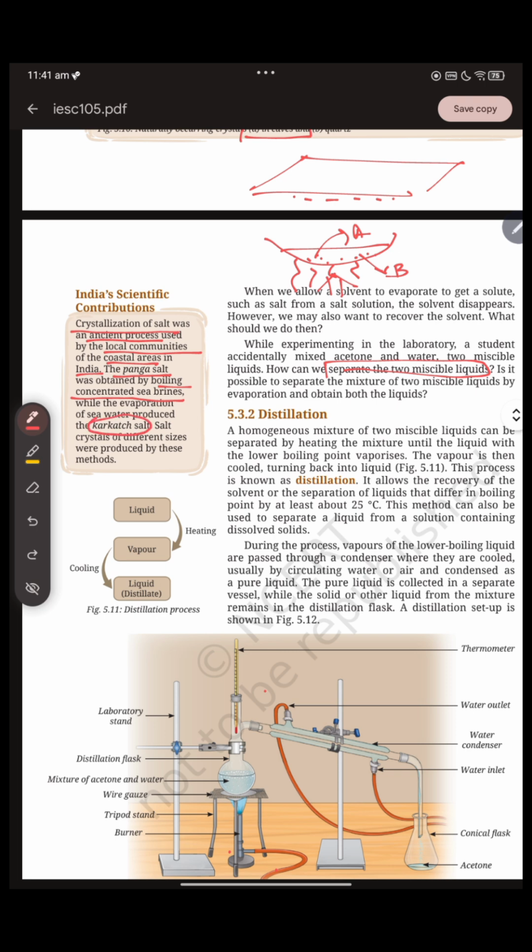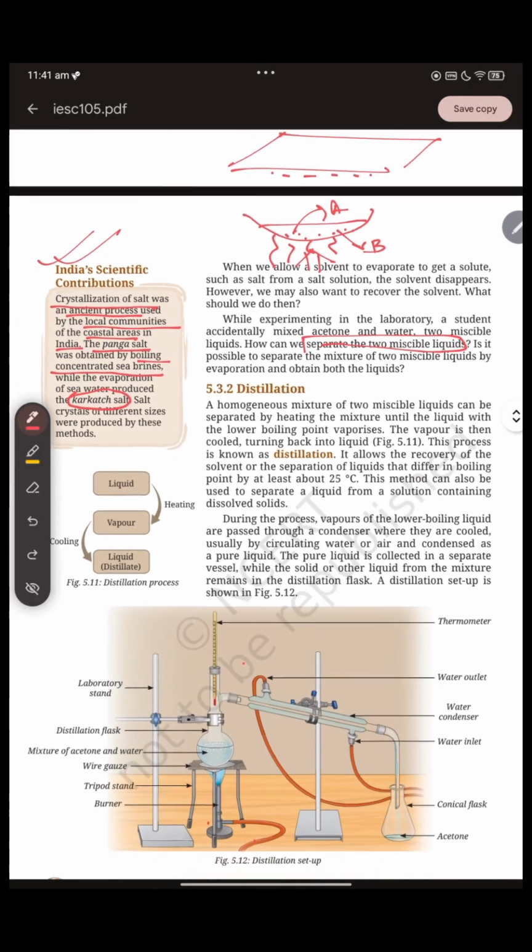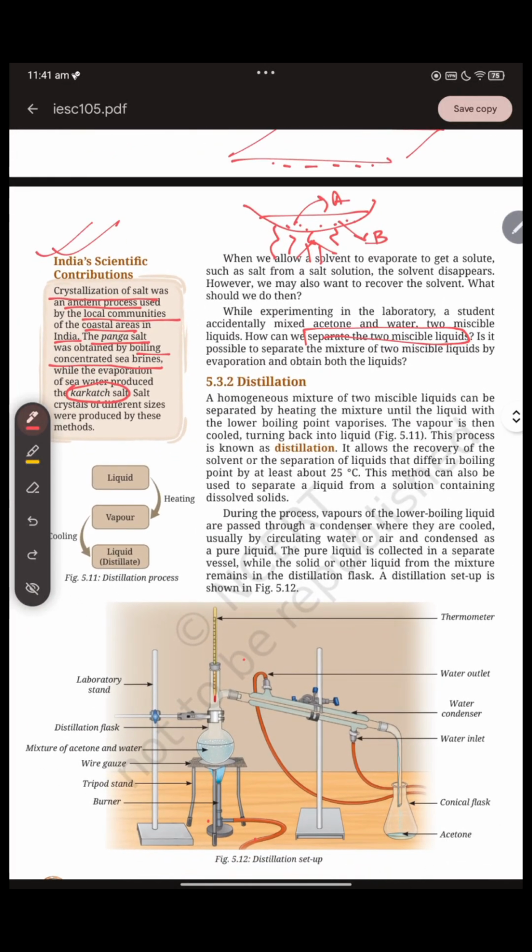Now the salt crystals of different sizes were produced by these methods. So ancient India used to follow crystallization in order to obtain salt from seawater, and it was obtained by boiling concentrated brine. Which salt was obtained? That is panga salt. And evaporation to dryness was done, and then the salt was obtained for karkach salt.